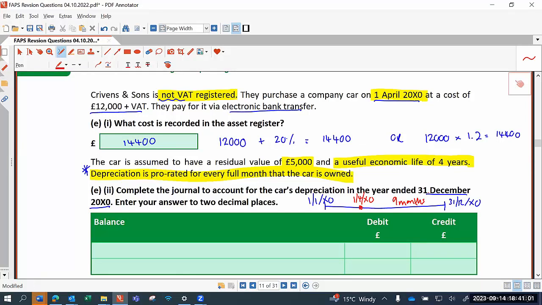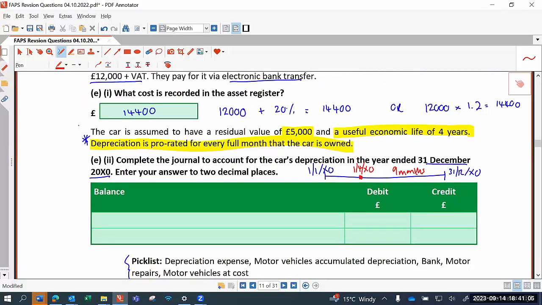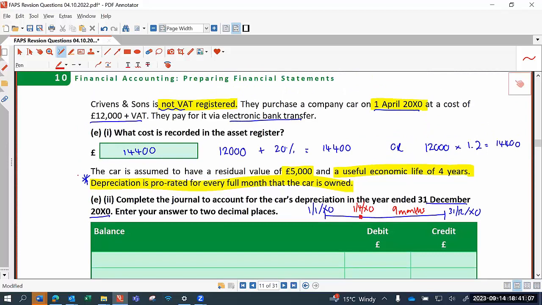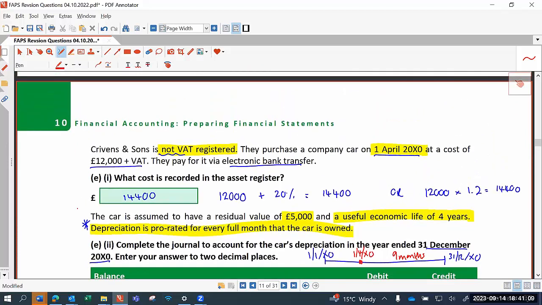My depreciation policy says it assumes we have a residual value of £5,000 and a life of 4 years. Let's put our working up here. So the cost of the car is 14,400. At the end of its life, it's going to be worth 5,000. That's its residual value.